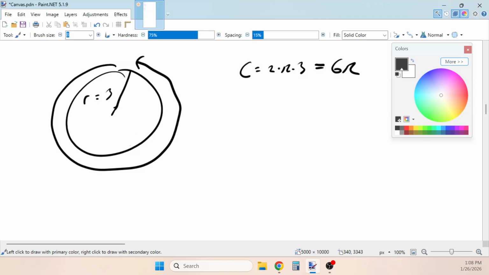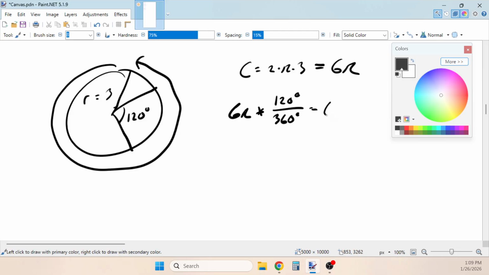If we want an arc that is, let's say, 120 degrees, then we say, well, all the way around is 6 pi, and we want the fraction that is 120 out of the 360.